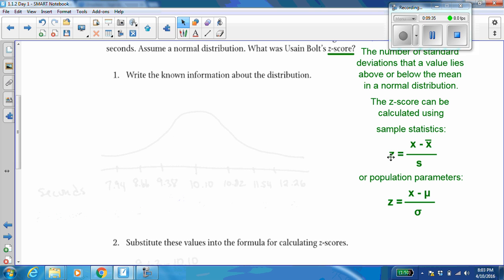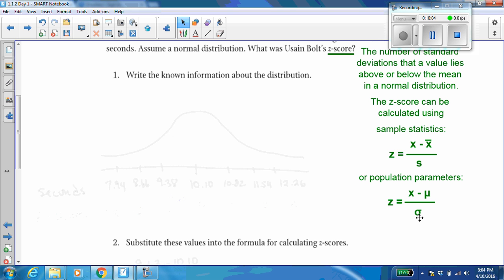You can find any z-score by taking your observed value, so in this context it would be Usain Bolt's time, minus the mean, divided by the standard deviation. So s would be the standard deviation of a sample statistic, where again, lowercase sigma, or baby sigma, is the standard deviation of your actual population.